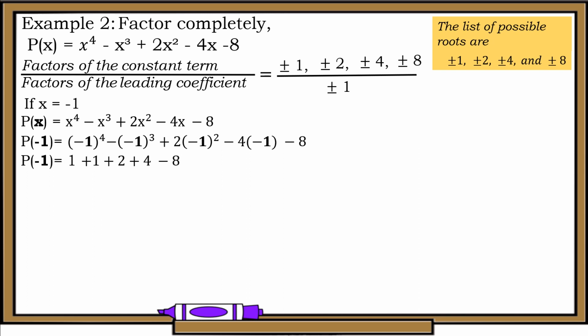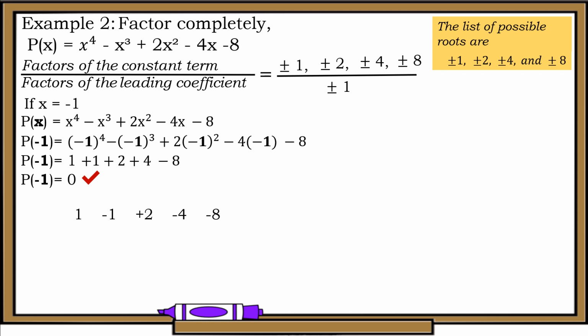Simplify natin, negative 1 to the fourth is positive 1. Negative 1 cubed is negative 1, times negative, we have here positive 1. Plus negative 1 squared is positive 1, times 2 equals 2. Negative 1 times negative 4 is positive 4, minus 8. So 1 plus 1 plus 2 plus 4 minus 8, we got 0. So therefore, x is equals to negative 1 is a solution.